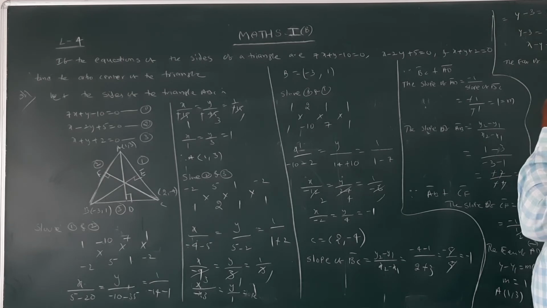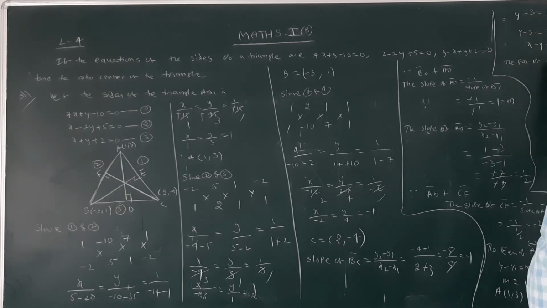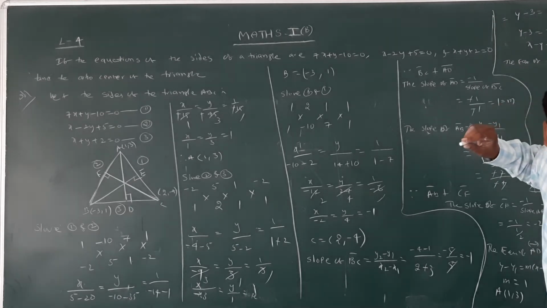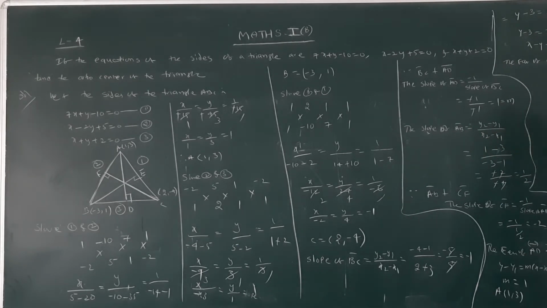Next, the equation of CF is y minus y1 is equal to m into x minus x1. What is m? The slope m is equal to minus 2.